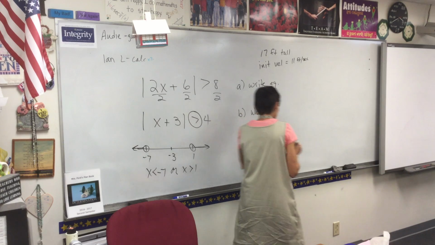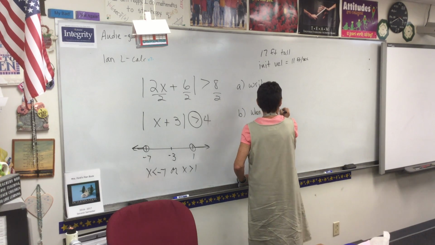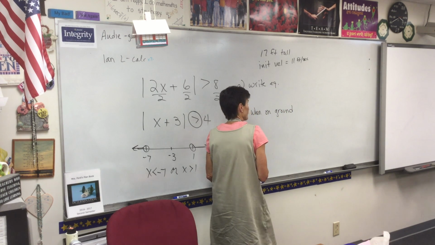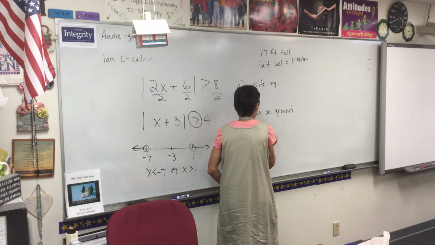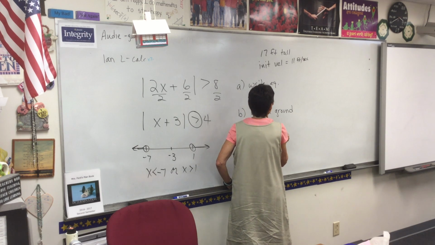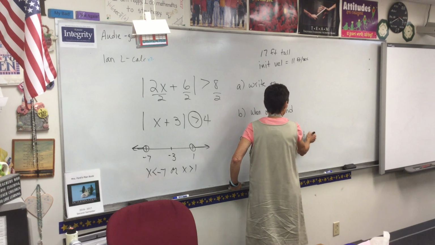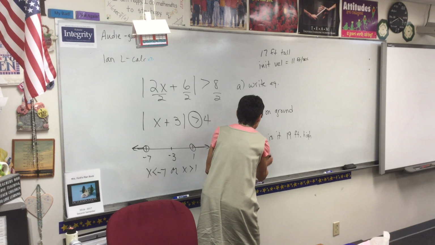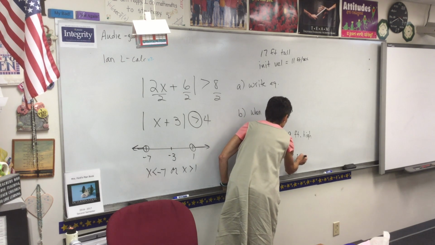Actually we're going to need an extra one because there's actually 2 different questions that could be asked here. When is it on the ground? When is it 19 feet above the ground? And how high after 2 seconds?